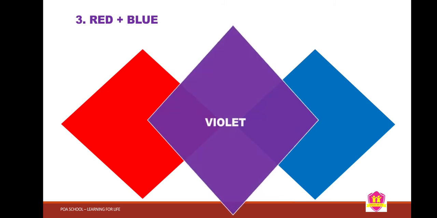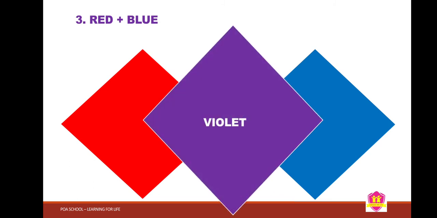Now the third mixing, red plus blue. When we mix these in equal proportion, we end up obtaining violet. So the mixture of red and blue will result in violet.